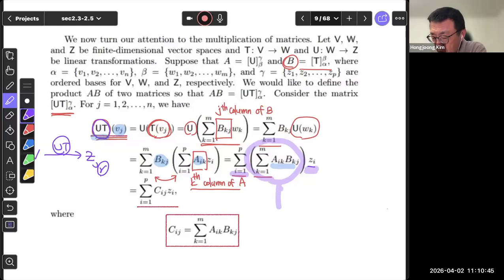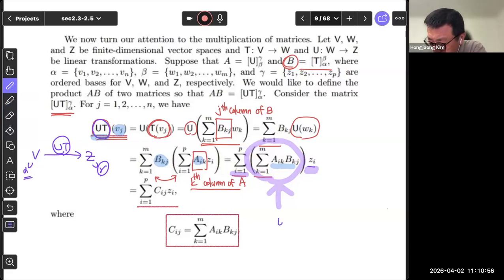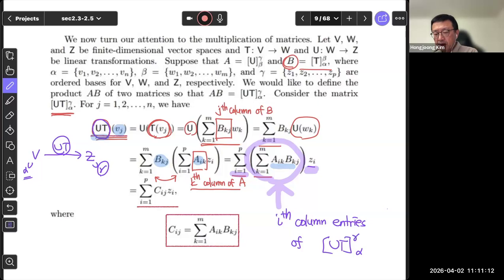So these will be the coefficients, the column entries of this matrix for the composite UT with alpha and gamma.